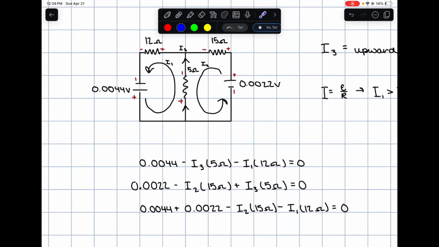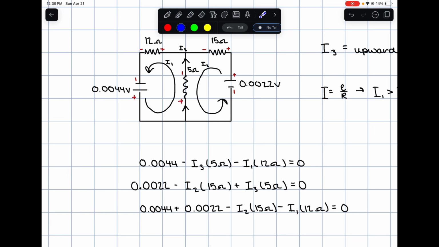Now, for everybody's favorite part, we are going to use Kirchhoff's rules to write our three equations to solve for the currents. Let's start with this leftmost smaller loop. We start with the EMF, or the battery, going negative to positive, which is plus 0.0044, because going from a negative potential to a positive potential is a gain.